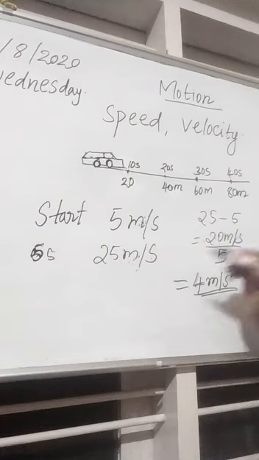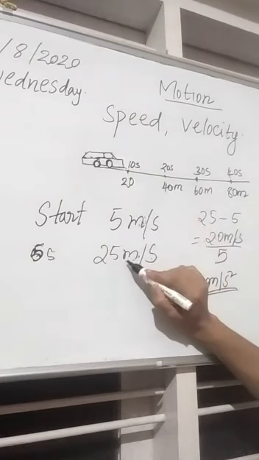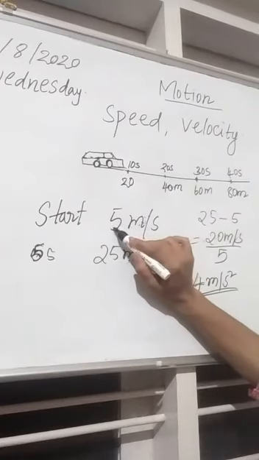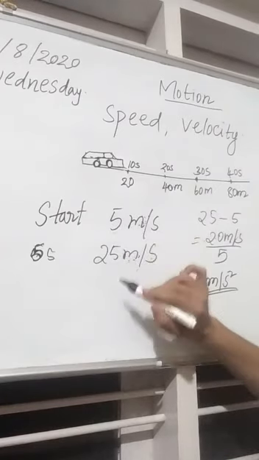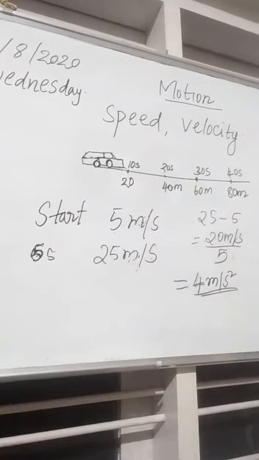Final speed minus initial speed, the speed you attained minus the starting speed, divided by the time taken to attain that speed. So acceleration is the change in speed or change in velocity divided by the time taken.